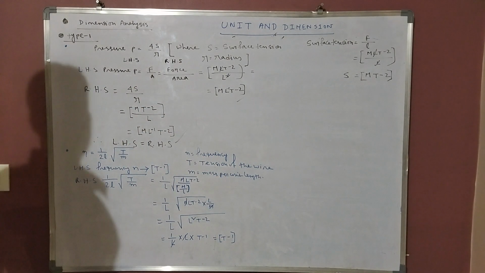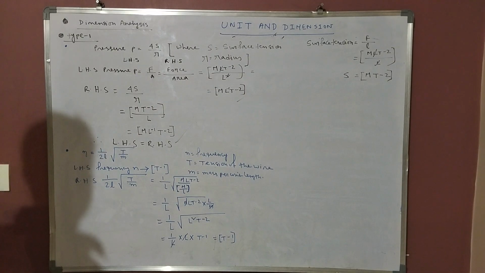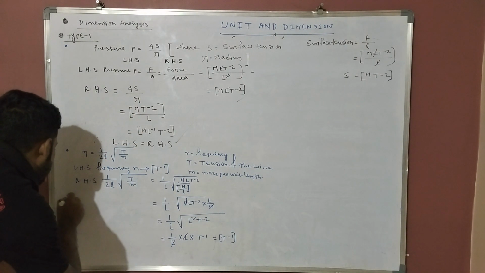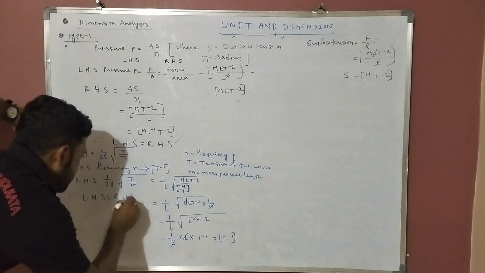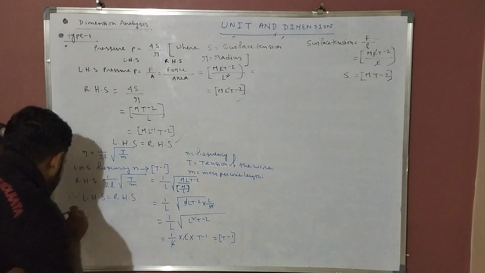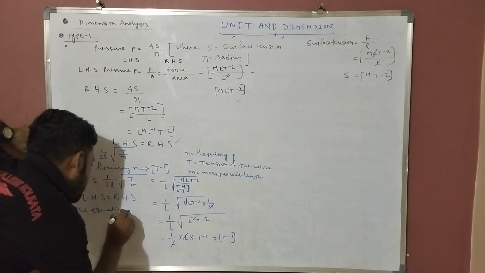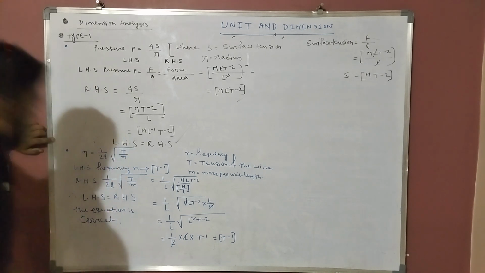So we can see the left hand side and right hand side both have the same dimension. So we can say left hand side is equal to right hand side. So the equation is correct.